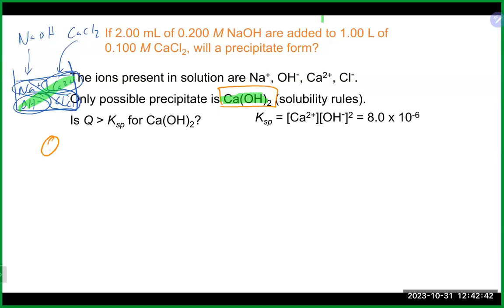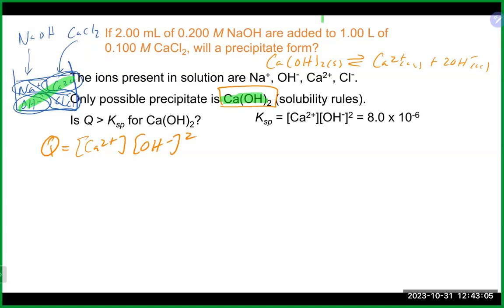So we do want to calculate Q, and it is calculated the same way as KSP would be calculated. Calcium hydroxide, again, here would break apart into a calcium ion and 2 hydroxide ions in this case. That means that Q would equal our calcium concentration, our hydroxide concentration, and again, we would need to square it because of the coefficient that's there.